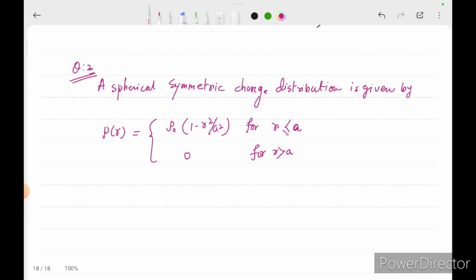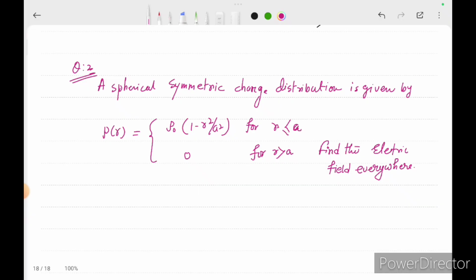Okay, so find the electric field everywhere. So it's a nice question. Okay.